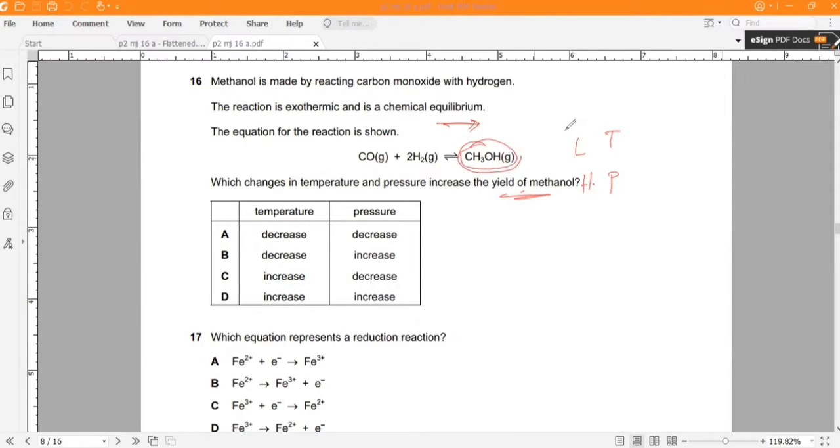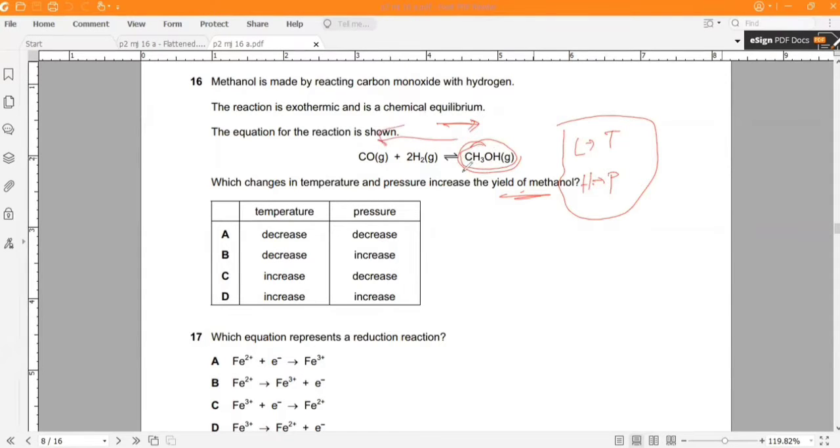So remember that we have to take this condition. Low temperature will favor, and high pressure will favor the amount of methanol yield or the production of methanol, right? So if you take low pressure, then low pressure will favor the backward reaction this way.